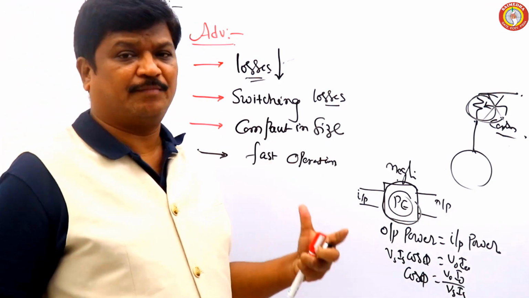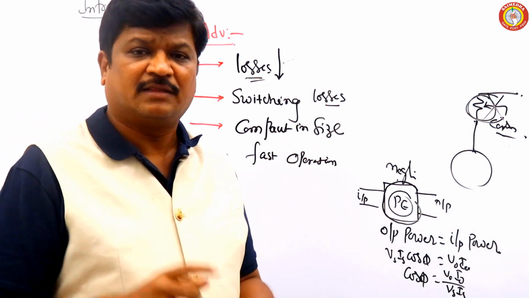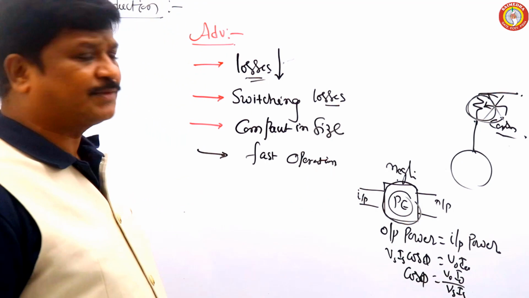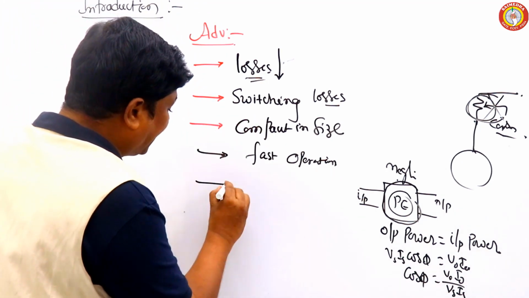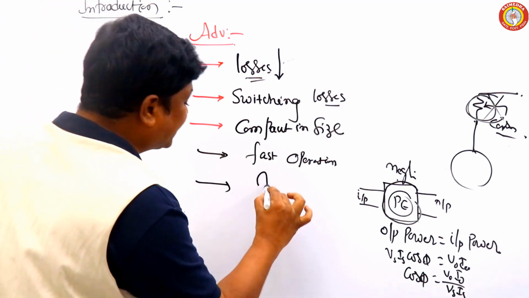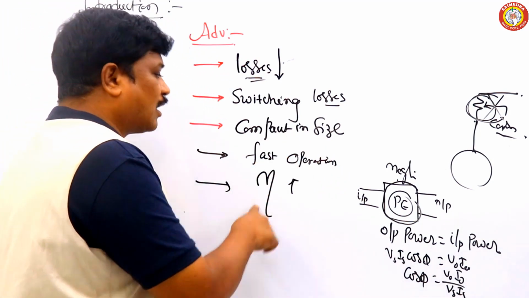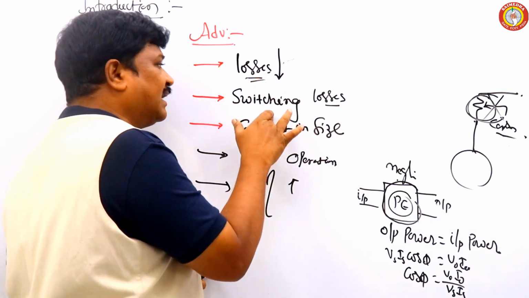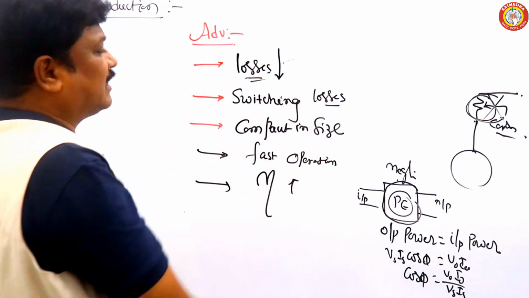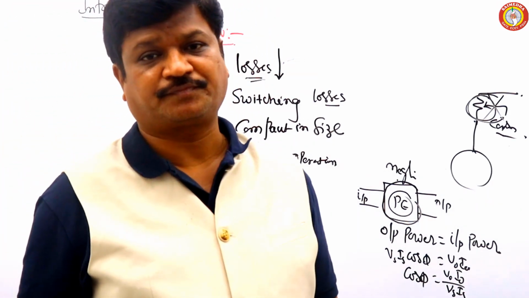Cost is more here because you are going for sophisticated, costly equipment compared to the other methods. That's why it may cost more. So if the losses are less, what happened? The immediate point in your mind: efficiency becomes more. Efficiency is more. Compact size, fast operation, less switching losses, less losses. These are the advantages of power electronic circuits.